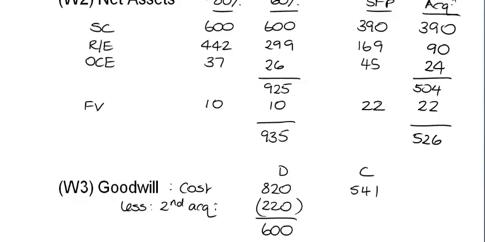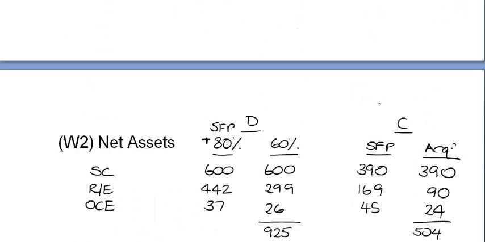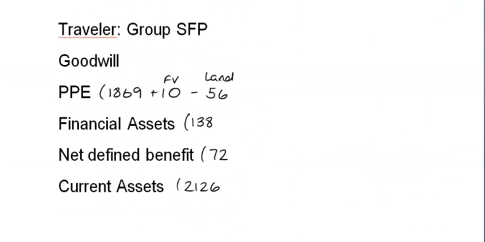The excess in fair value, again, is due to land. If I'm increasing equity, I've also got to increase assets by 22. So we pick up another mark. Every time we're doing this, we're picking up marks as we go through the question. This acquisition was accounted for using the partial goodwill method. It is acceptable to use both methods.